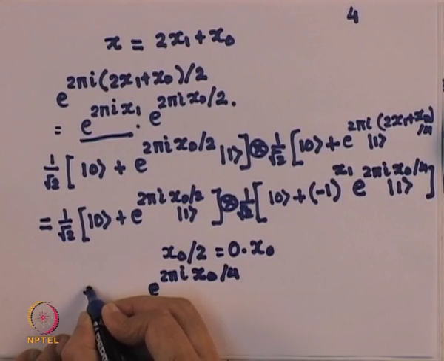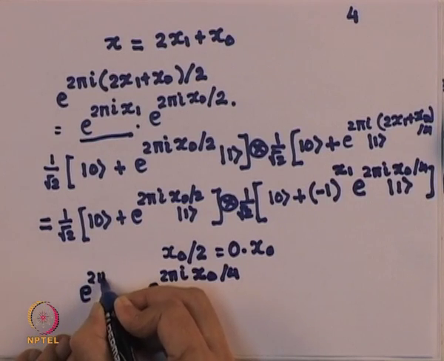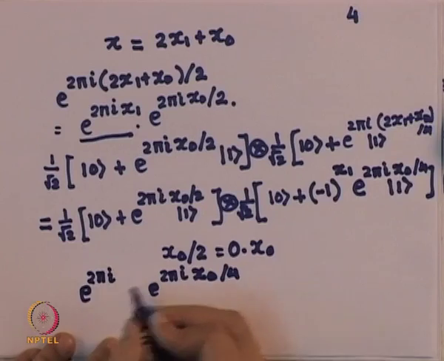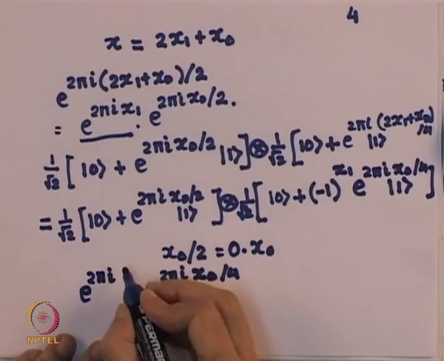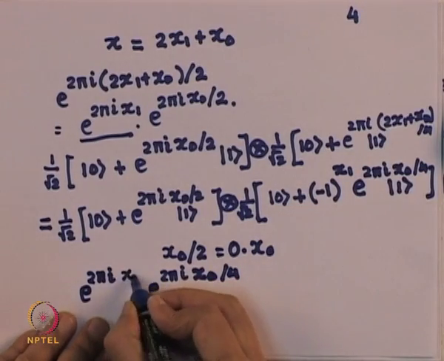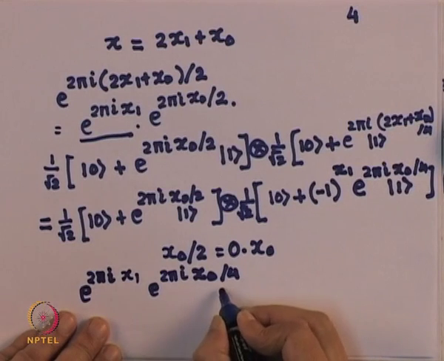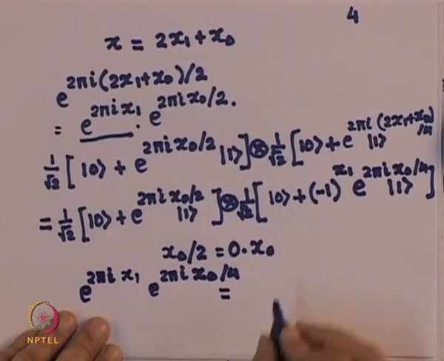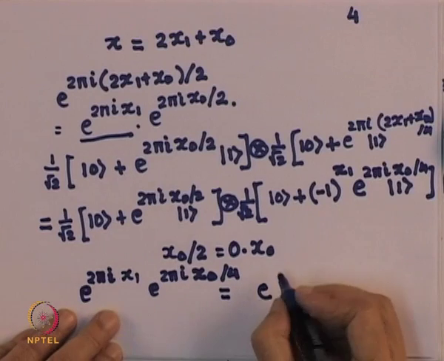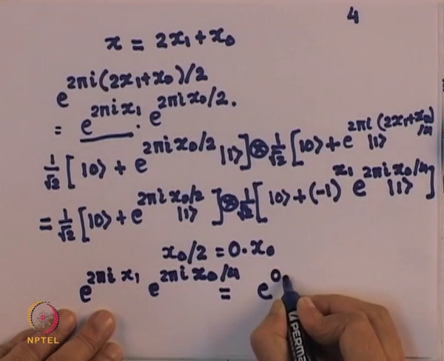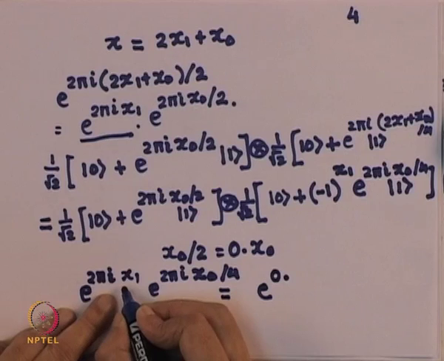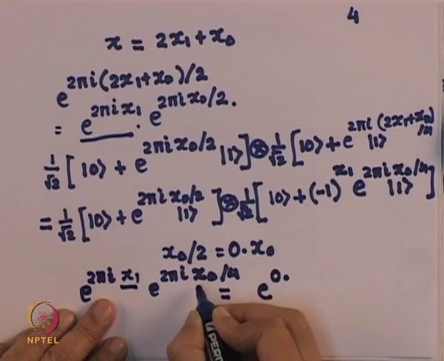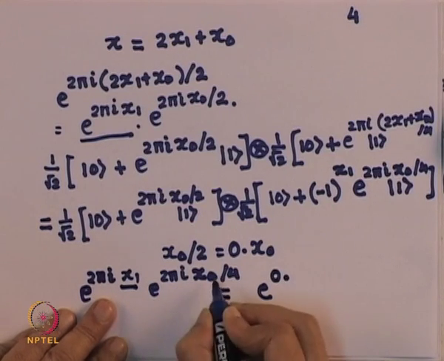So, let me bring back the phase notation. So, it is 2 pi I. So, x1 is what I had. So, this is equal to e to the power 0. See, here I have an x1 and I have here an x0 by 4.